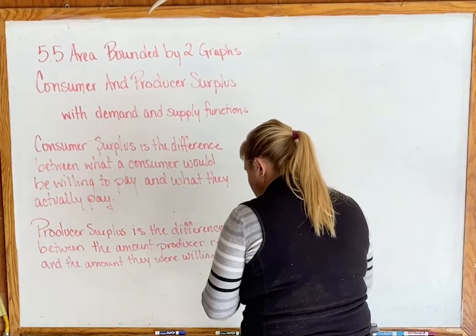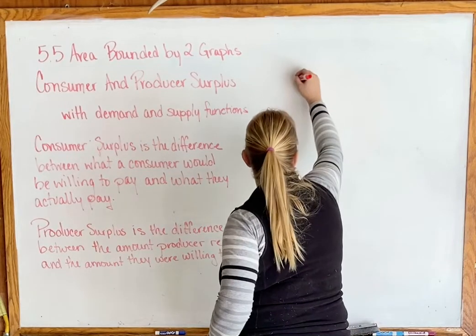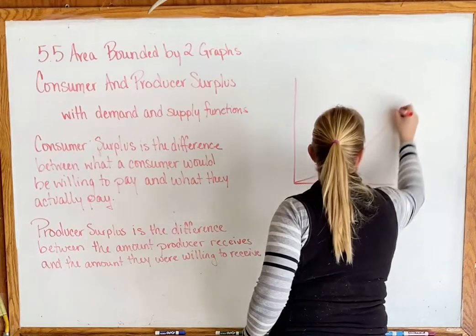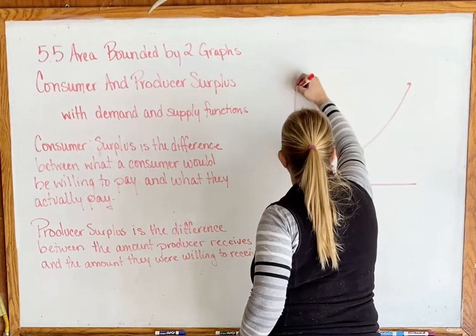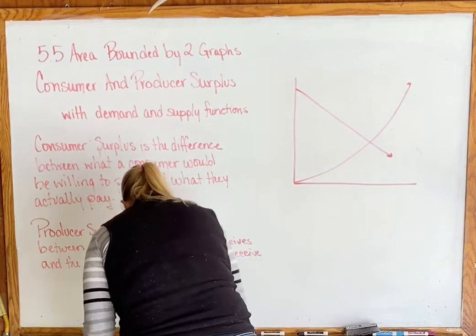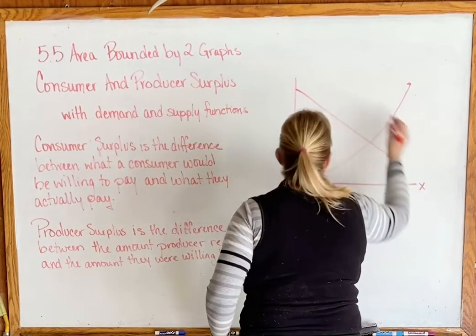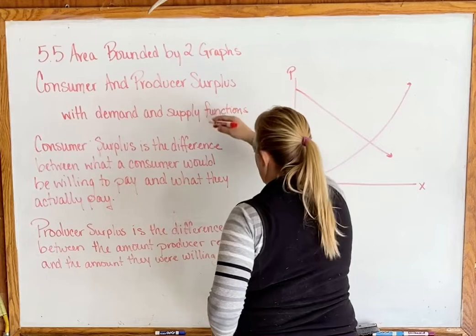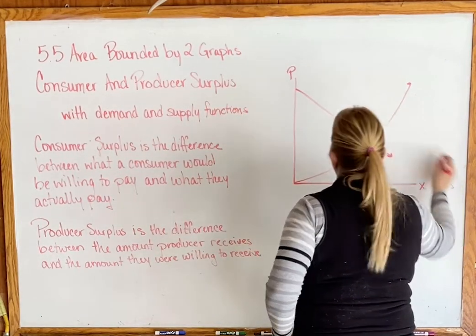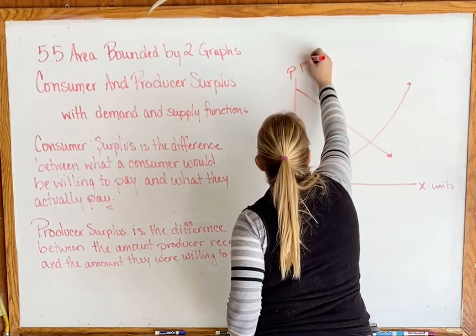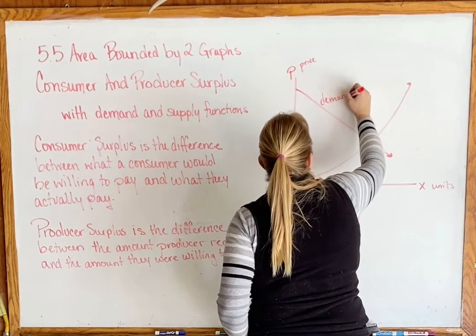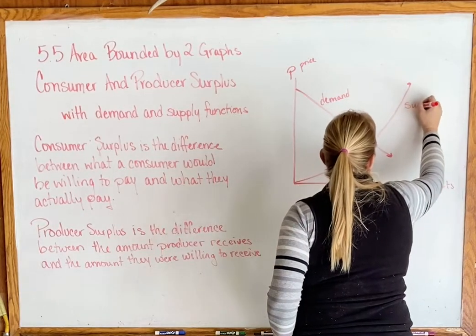So when we look at this, this is going to be X, and this is P, because we're talking about a demand and supply function. So X units and P price. The demand function is here, and the supply function is here.